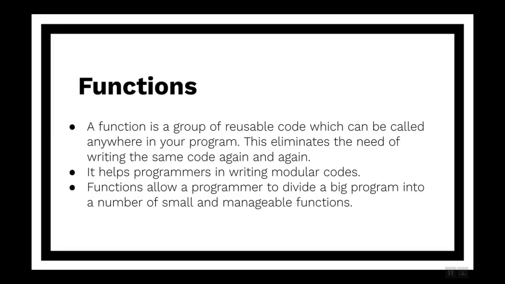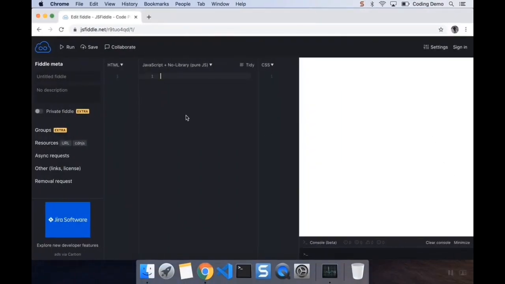So let's look at how we can do this. A function is written using the function keyword and the function name. So let's say in our case we do add, and in here we'll have two variables.